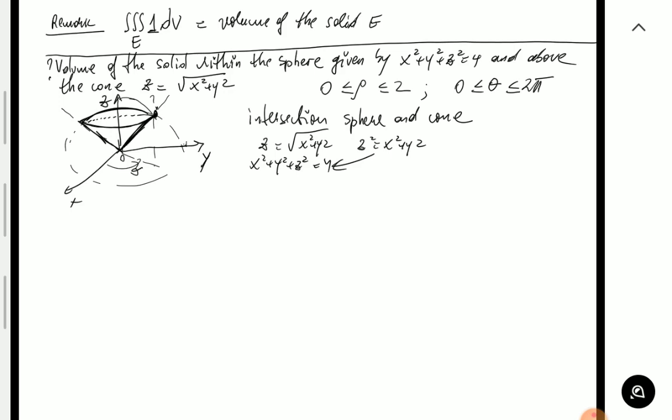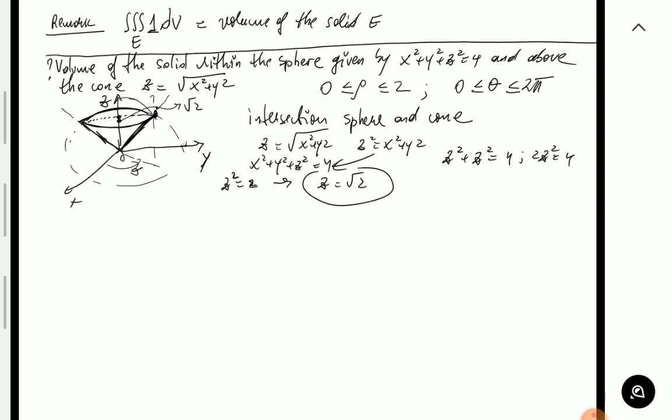So x squared plus y squared is z squared, plus another z squared equals 4. 2z squared equals 4, which gives z squared equals 2. Z is positive, clearly from the picture, so z equals square root of 2. So the z coordinate of this point on the circle is square root of 2.